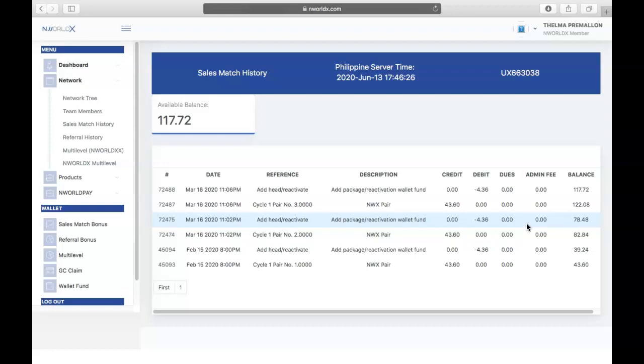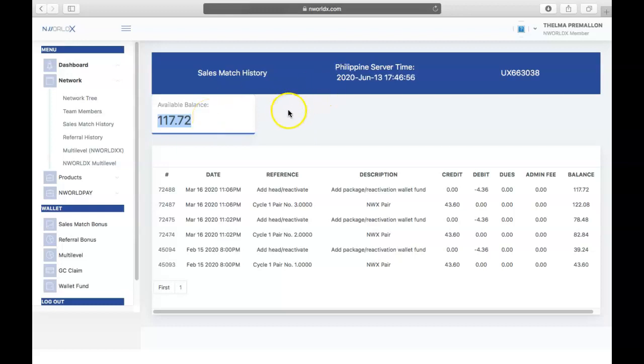Whether 1, 2, 3 or more transactions, it's only 1 admin fee for that particular day. Whatever balance you find here is actually your net amount, the available balance that you can withdraw. So this is for the sales match history.